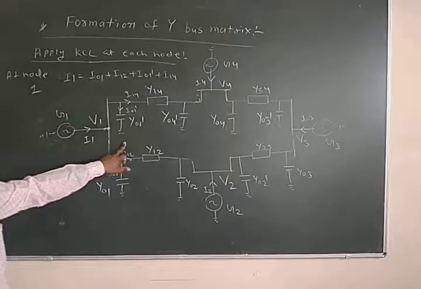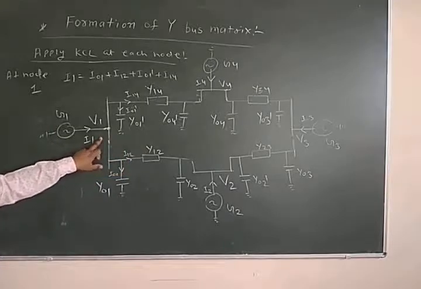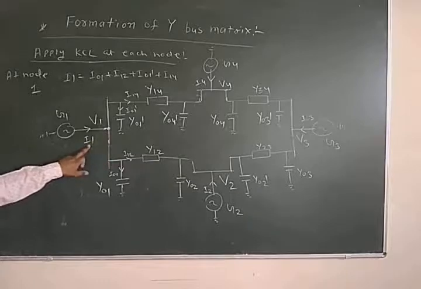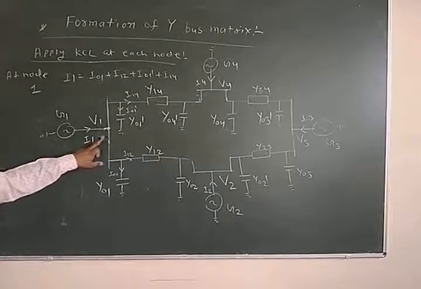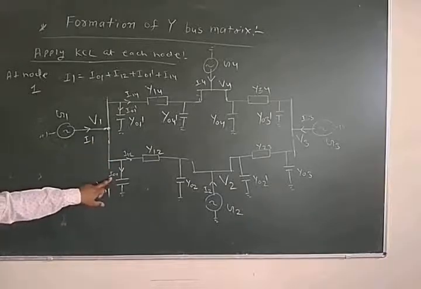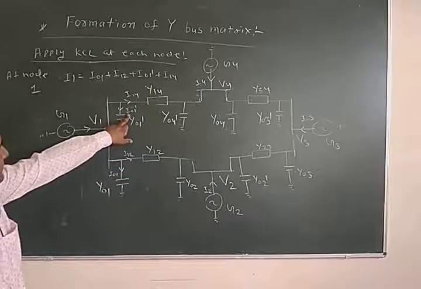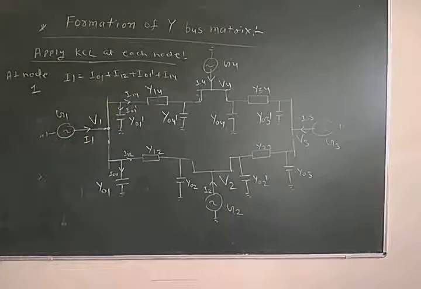We are using nodal analysis. We are applying KCL at node number 1. So here incoming current is I1 at the bus and outgoing currents are I01, I12, I01 dash and I14.